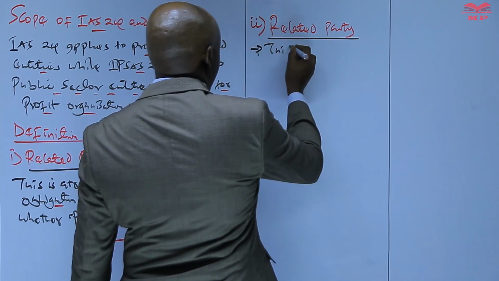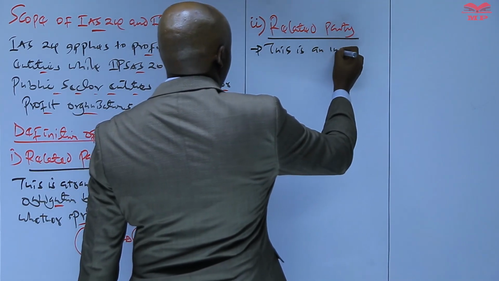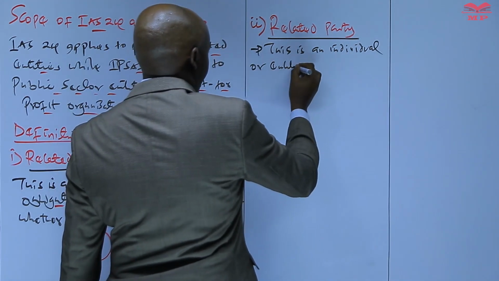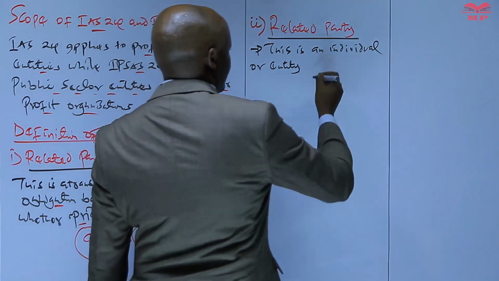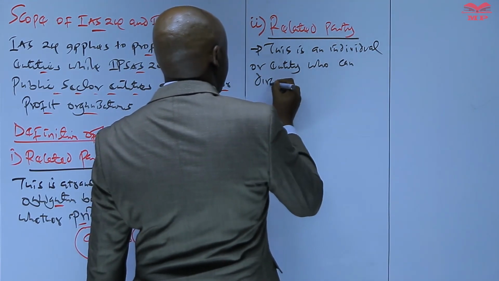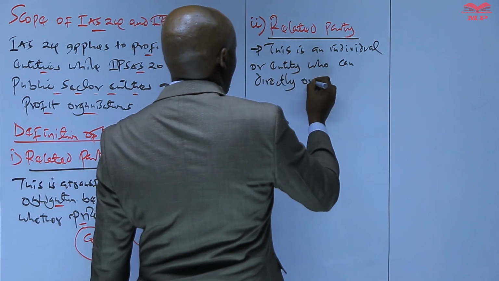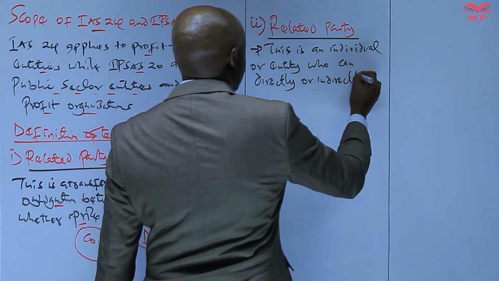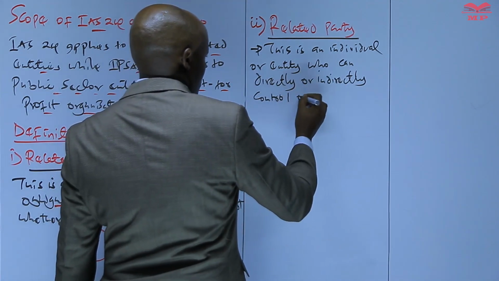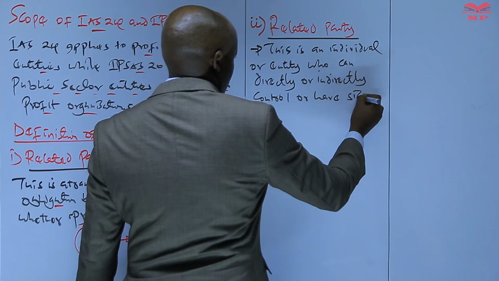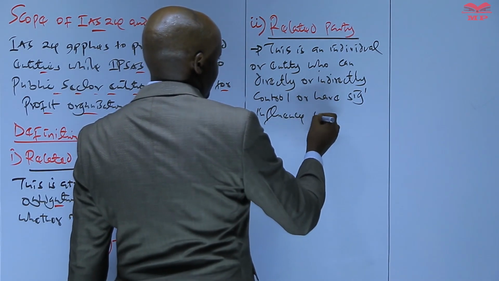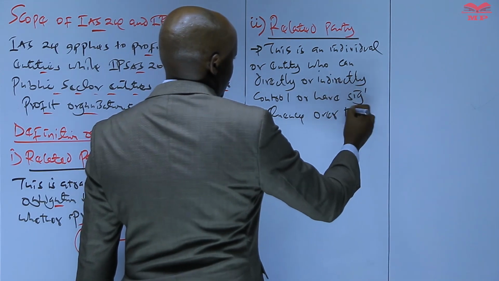So we say that this is an individual or entity who can directly or indirectly control or have significant influence over the reporting entity.